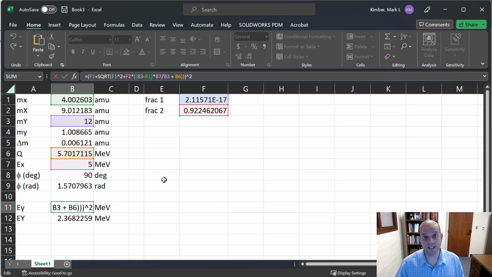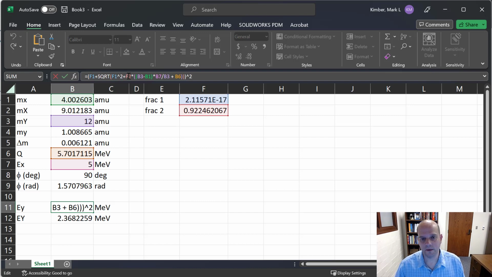Otherwise this equation, at least in Excel, is going to be a bit hairy, lots of parentheses, and I'm prone to make mistakes, so this is going to help me troubleshoot that and see where I went wrong. So this is then the b plus or minus the square root. I'm just using plus in this case. We'll do the minus in just a minute.